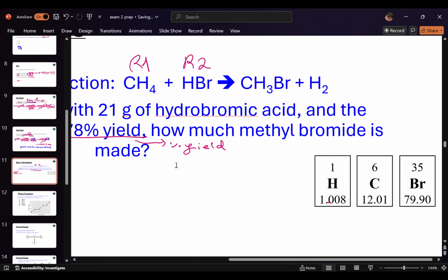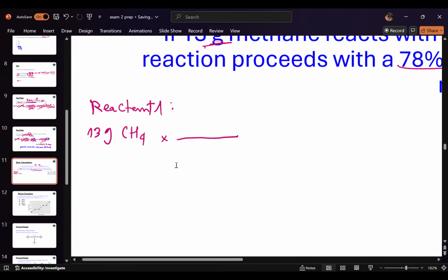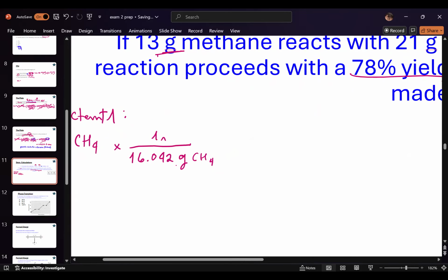I calculated it ahead because it will take too long in video. The molecular weight of that will be 16.042 grams CH4. I'll write all units so you follow along. Over 1 mole of methane is over its molecular weight, and that equals 0.81 mole of methane.